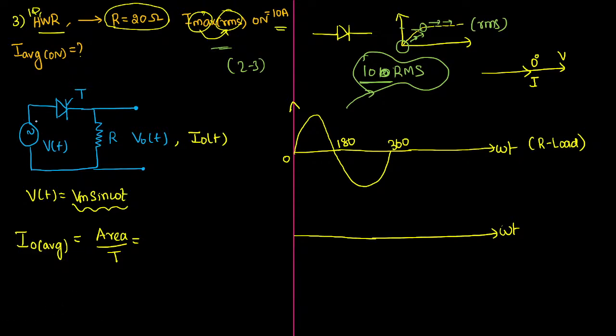See, now this supply voltage is ready. If you observe, your sinusoidal voltage will have two polarities, one positive polarity and another negative polarity. From 0 to 180 it will have positive polarity. Positive polarity means here you will have plus, here you will have minus.